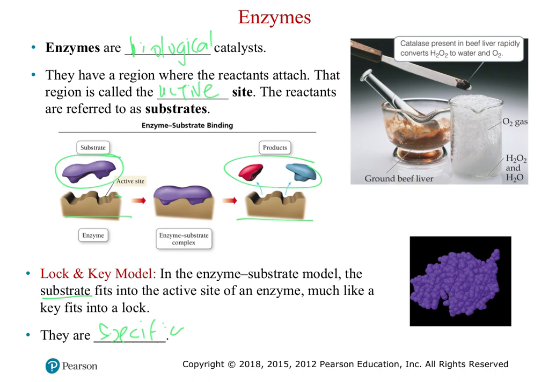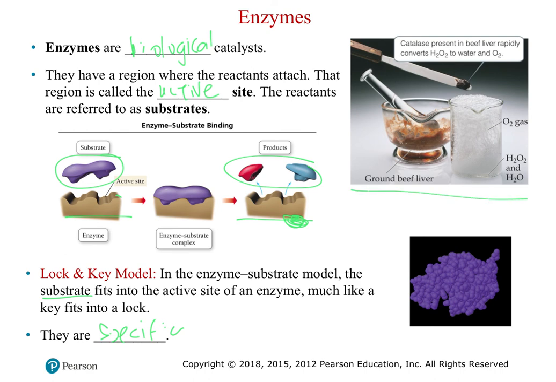There are inhibitors that you maybe have heard of, which inhibit the enzyme either by binding into the active site or by binding on a different part of the enzyme, which inactivates the active site by changing its shape. So enzymes are pretty cool.